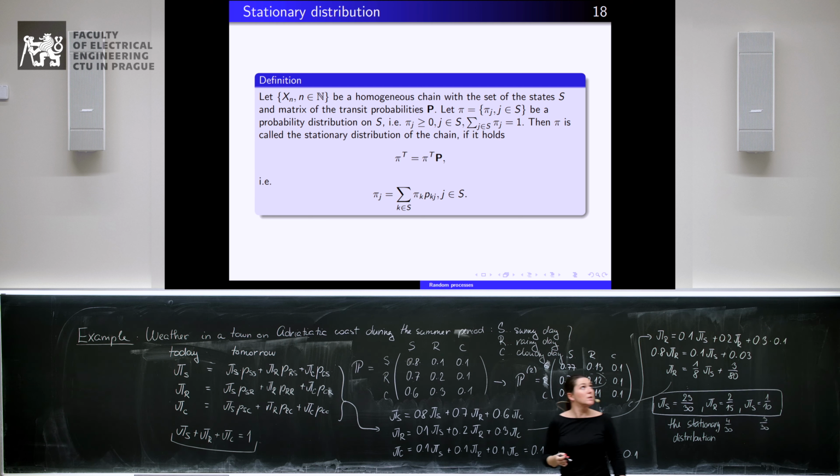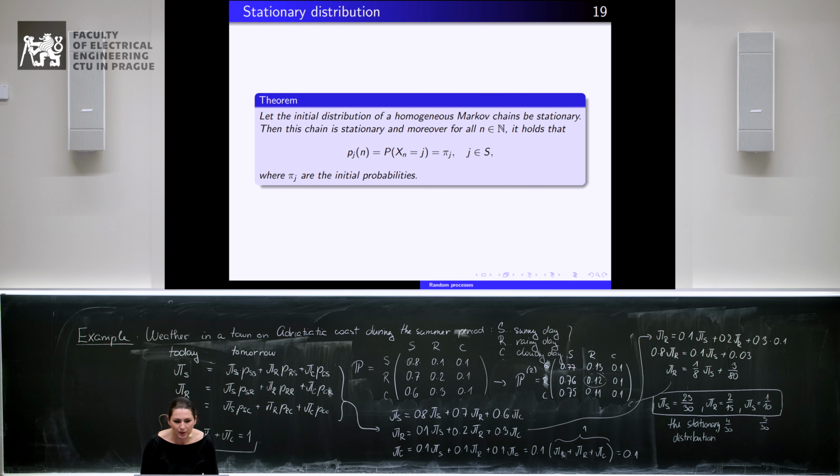And it means, from an economical point of view, that we can calculate with these probabilities to be the probabilities of these three types of days. So it means the ratios of these types of days during the season. And that's the meaning of the stationary distribution, which can be formulated in the following theorem.